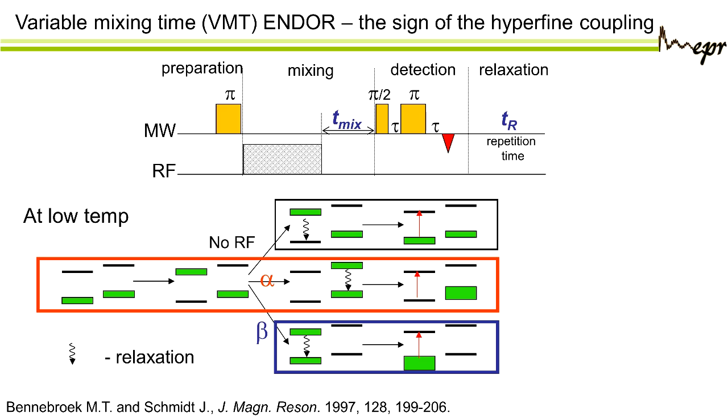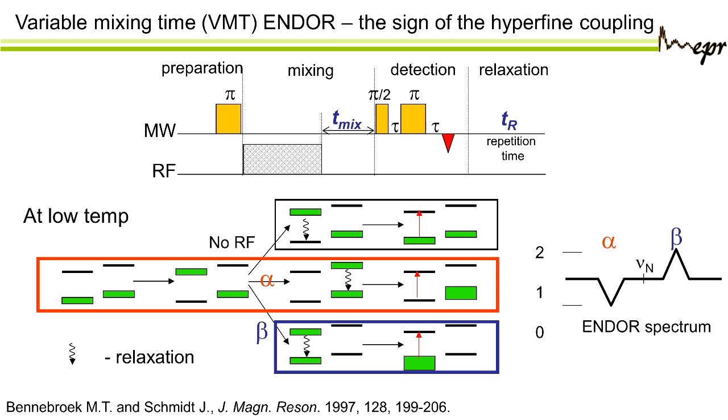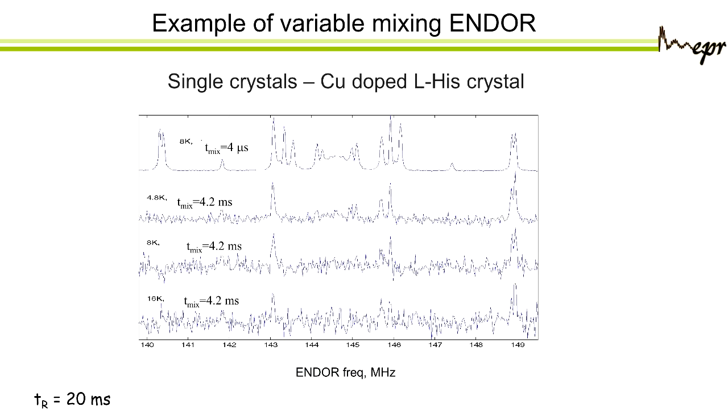This is called cross relaxation, but if these two are long, then what we measure, the black trace shows when the RF is not on resonance, and this is when it is. So you see that if you do that, you get one line up and one line down, and usually you know which one should be up and which one should be down, and then you can get their sign.